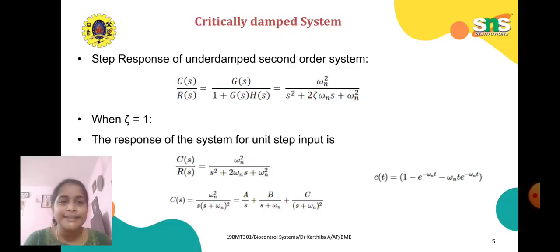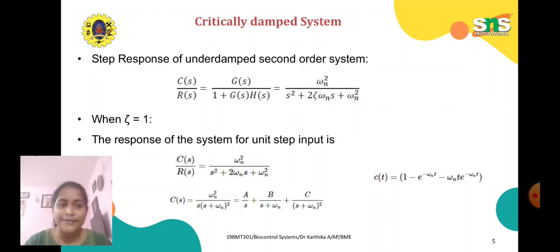For a critically damped system, we consider the step response of the second order system C of s by R of s, equal to G of s by 1 plus G of s into H of s, which is equal to omega n square by s square plus 2 del omega n s plus omega n square. Here del equal to 1 means the response of the system for unit step input is C of s by R of s equal to omega n square by s square plus 2 omega n s plus omega n square, because del equal to 1.